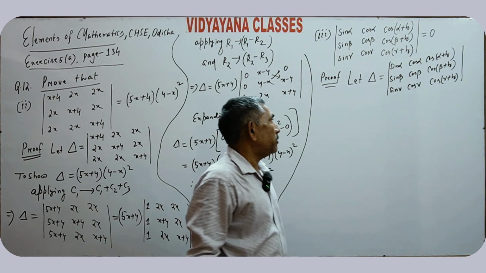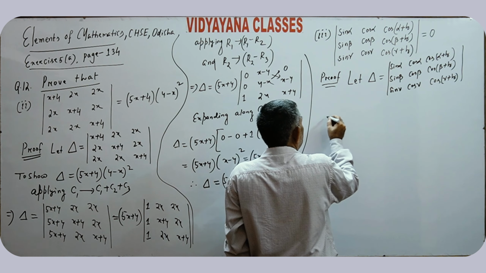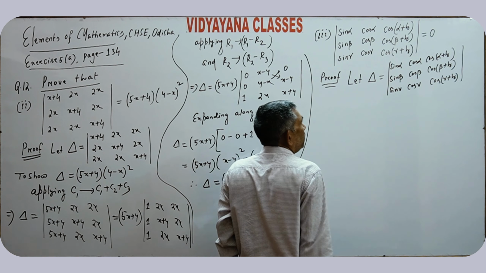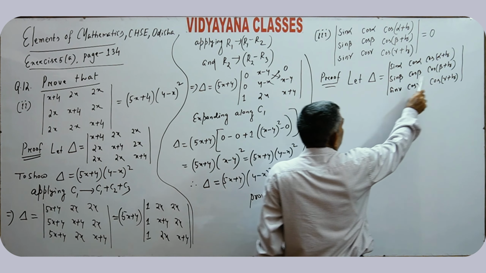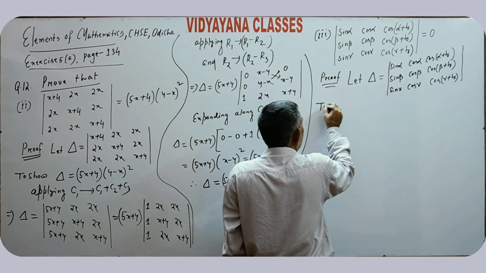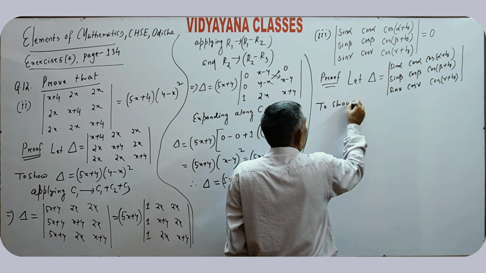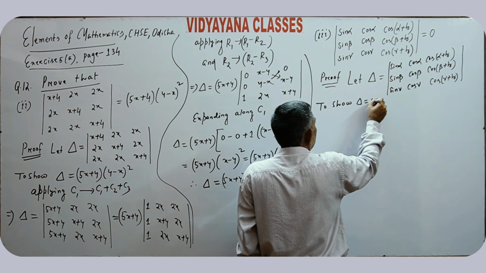Del is the given determinant. To show del is equal to 0.